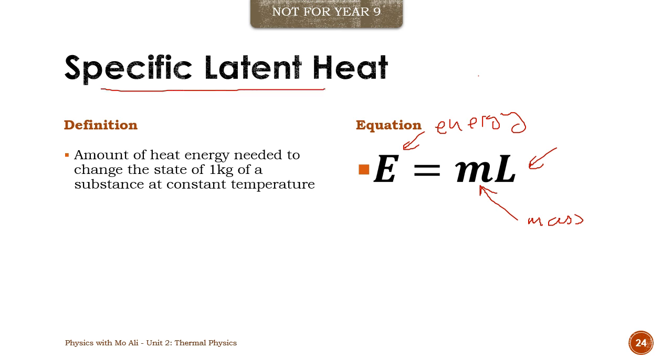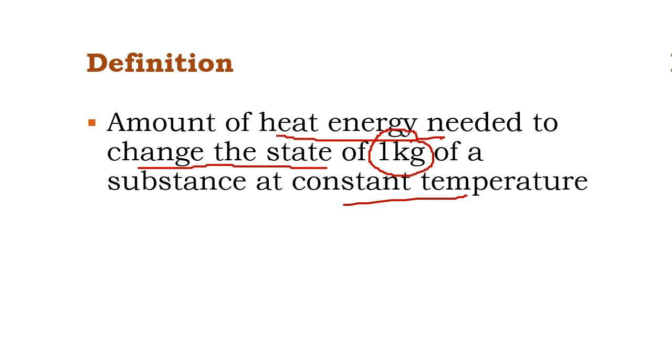So what is it? Just like how specific heat capacity represents how much energy you need to heat an object up by 1 degree, specific latent heat represents how much heat energy you need to change the state of 1 kilogram at a constant temperature. Again, it's how much energy you need to change the state, meaning melting or boiling, it doesn't matter, to change the state of 1 kilogram of substance at a constant temperature, because during melting and boiling temperature stays constant.